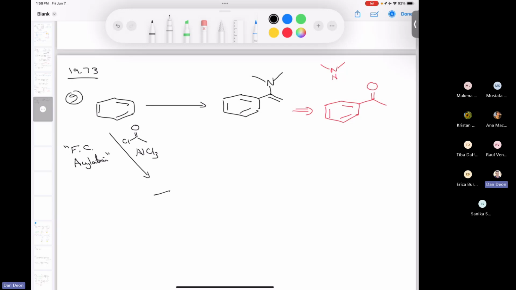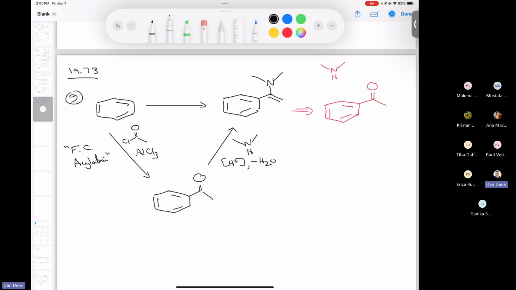So that's going to give you the molecule you need, which is, again, acetophenone. And so the last step is just going to be treatment with dimethylamine. You need a catalytic amount of acid, and then we lose water from the reaction.